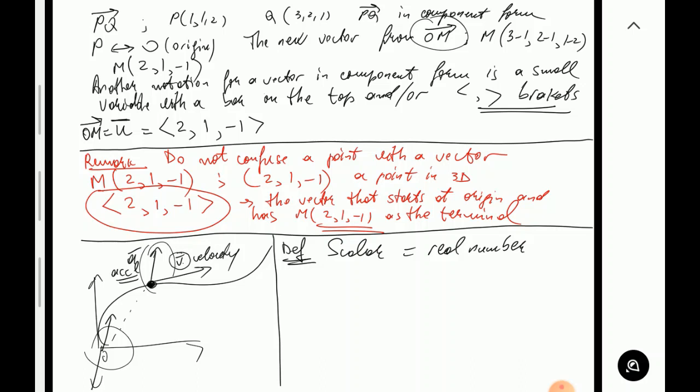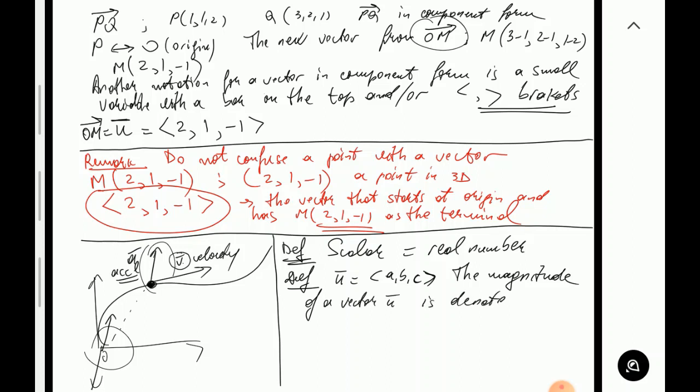So very often we may need to actually extract the magnitude of a vector. So for that we have a special notation. Let's say we have a vector u of components a, b, and c. Again, this comes from the Pythagorean theorem as well, or the distance formula if you want. The magnitude of a vector u is denoted by the absolute value.